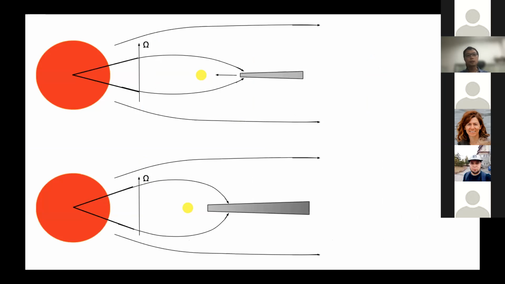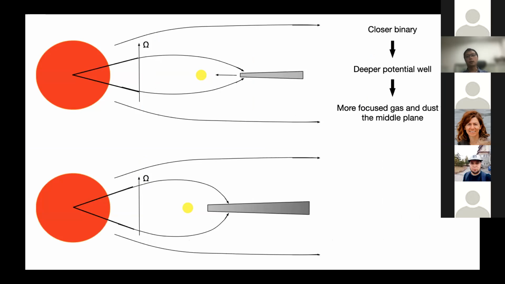This figure shows the difference between the wide and close binary. Close binaries typically have a deeper gravitational potential well, and this leads to more gas being focused into the middle plane, and the material just stays in the middle plane and blocks more radiation from the AGB star.